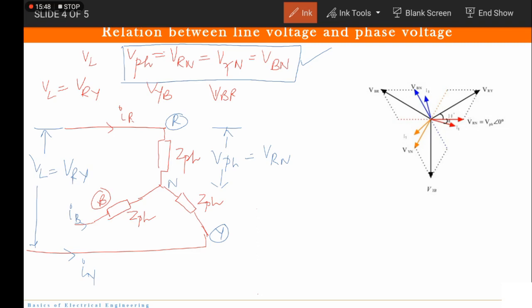How will I represent the line voltage now? The line voltage will be VRY. So for your convenience, let me draw that point.